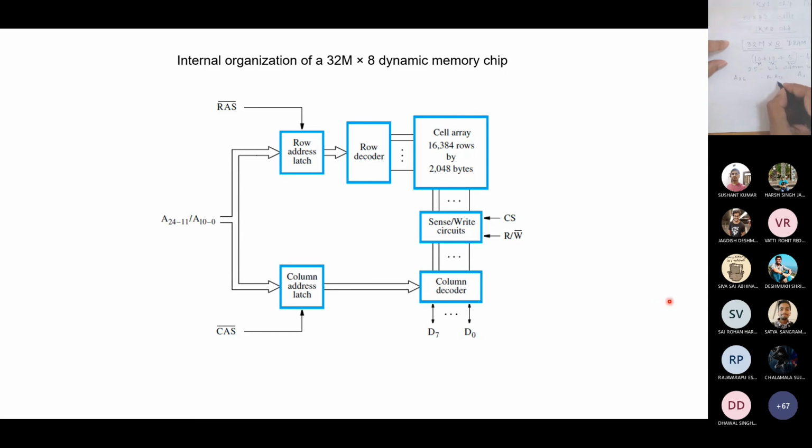What they are saying is that this part is used for column, and this part is used for row. So it is 14-bit. This is 11 bits. So if it is a 14-bit row address decoder, how many rows will be there?